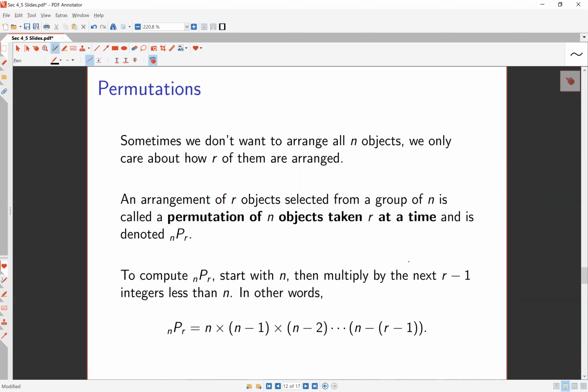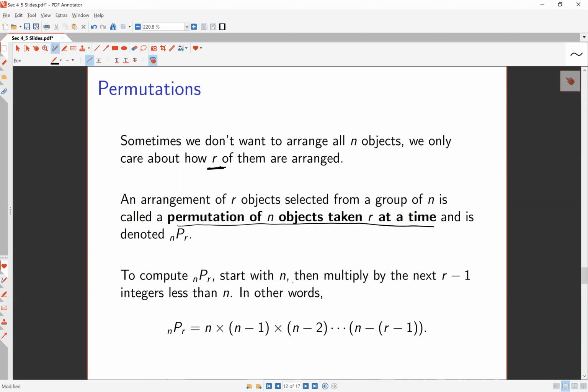So we don't care about all n objects. We only care about how a smaller subset of them, which we denote by little r, how we could arrange those. This we call a permutation of n objects taken r at a time.